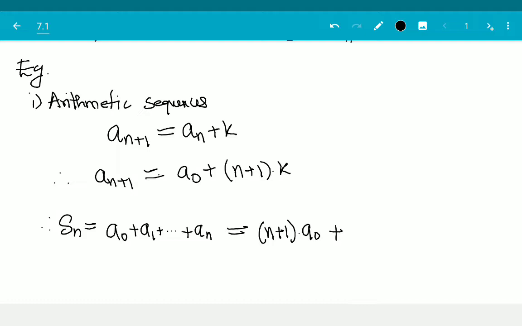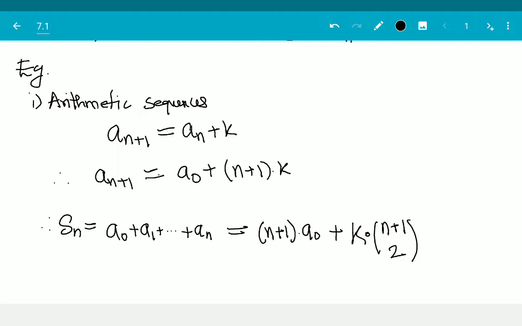So I'm basically summing k plus 2k plus 3k plus 4k all the way up to nk, which is k times 1 plus 2 plus 3 plus 4 up to n, which is k times (n plus 1 choose 2), right? And so that is the arithmetic sequence and its related partial sums.